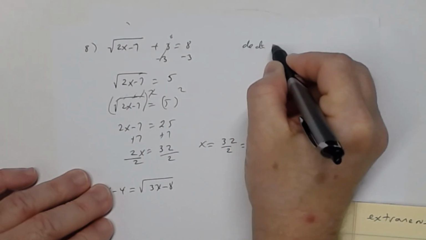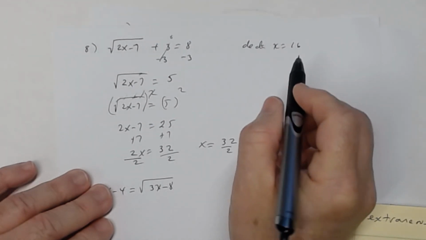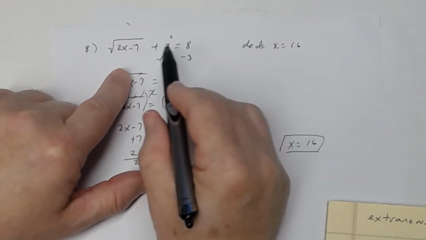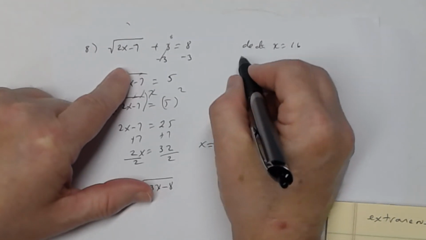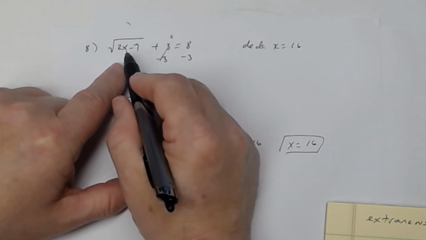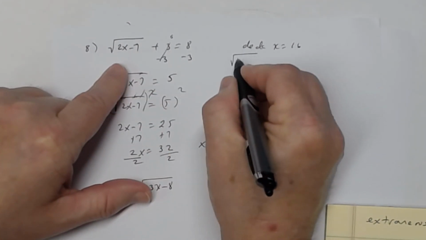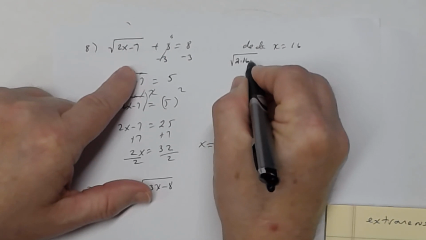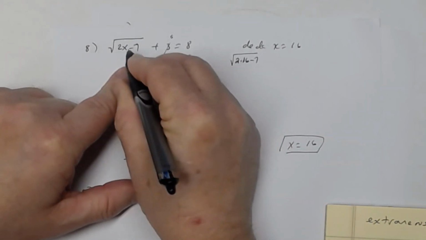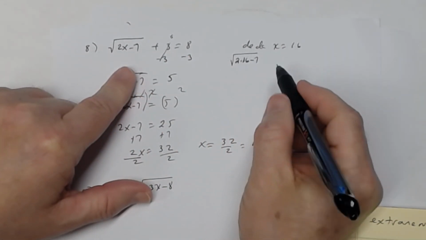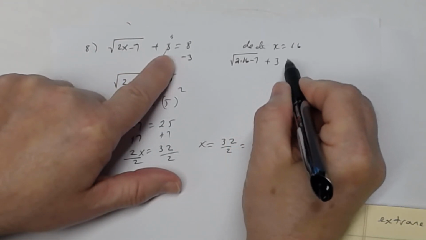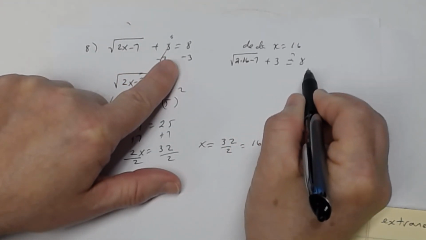So let's go ahead and check x equal 16. So to do that, we go back to the original. Always go back to the original. So my original was this. So we have the square root of 2 times 16 minus 7. So wherever I saw the variable x, I'm going to substitute 16, plus 3, and I want to see if that's going to equal 8.